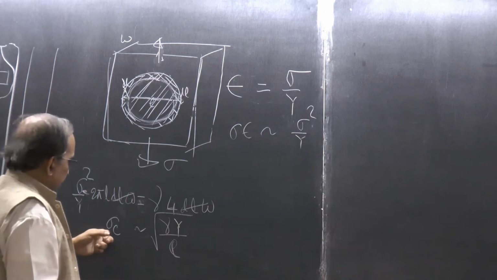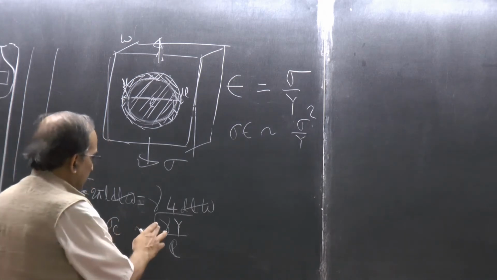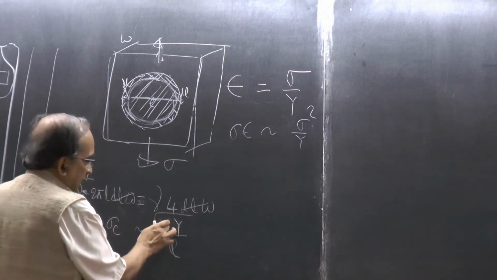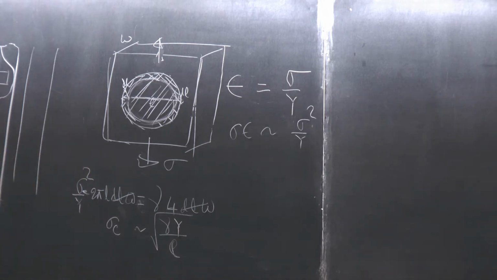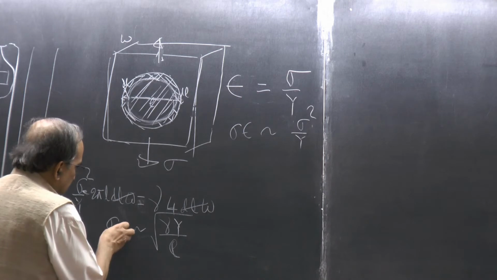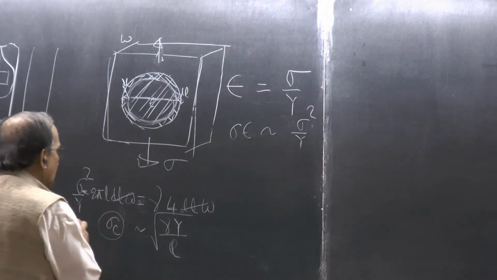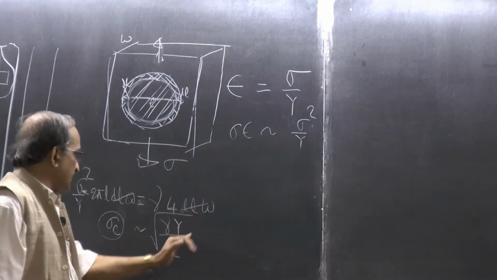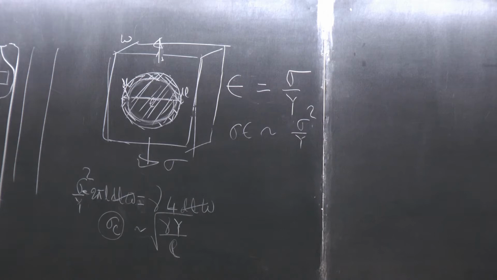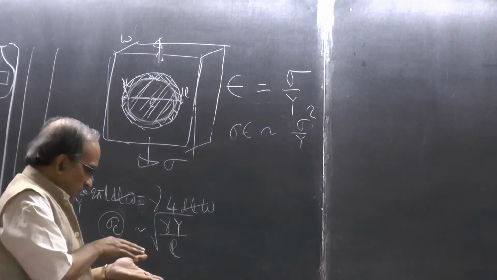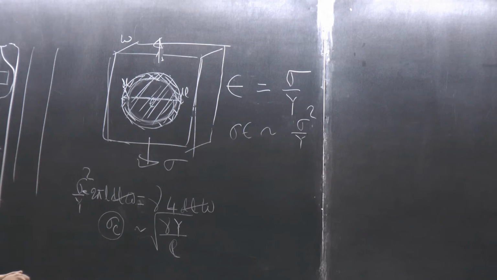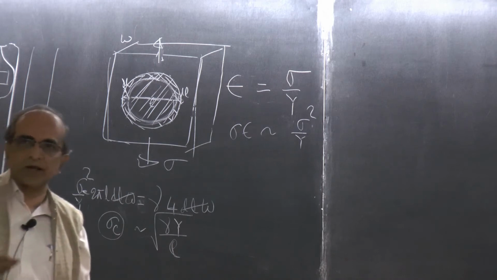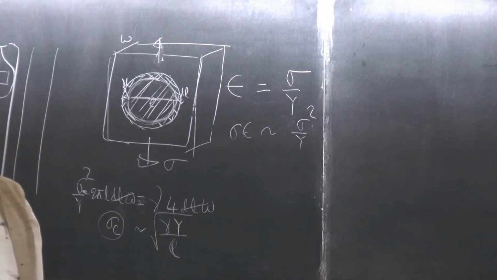So this says that if it is brittle, there is no sigma dependence here, and of course surface energy density is constant. Then the nucleation stress required to propagate a defect of length L, or the minimum stress required, goes down with the inverse square root of the length of the defect.